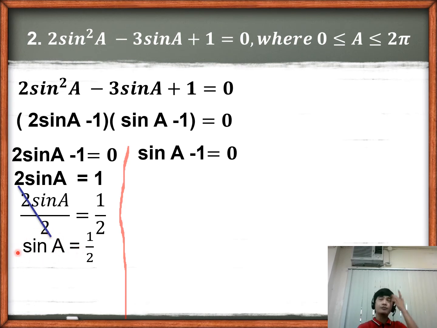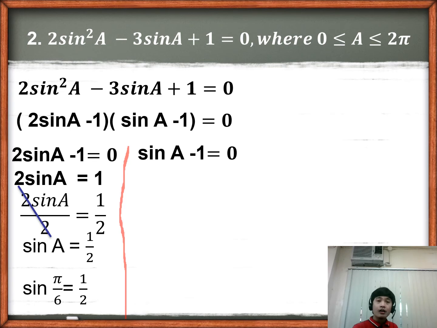So, isip agad. Sa quadrant 1, from 0 to 90, ang pwedeng magbigay kay sine ng value na 1/2 ay sine pi over 6. Sine pi over 6 is sine 30. Ang technique lang doon, 180 divided by 6, that is 30.